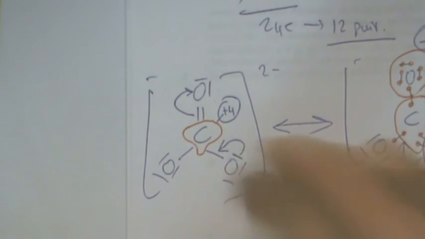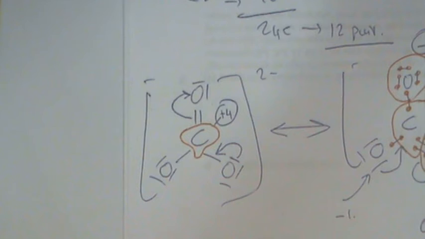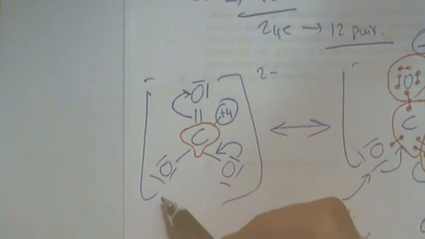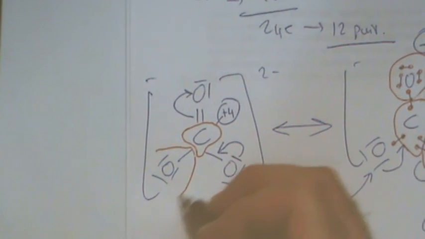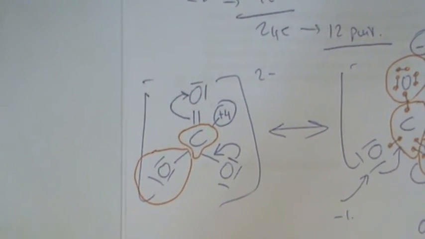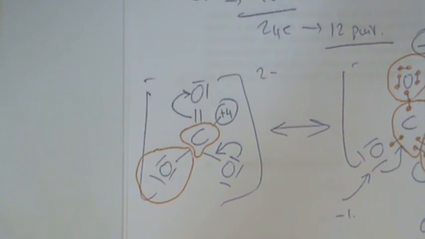Should we do an oxygen? Okay, so for this oxygen now, I'll make a circle, and I always enclose the lone pairs of electrons, either way, formal charge or oxidation numbers. And the electrons will go to the most electronegative atom. Oxygen is more electronegative than carbon, so this one goes into the circle. There you go. The bonding pair of electrons goes to the most electronegative atom, the oxygen.